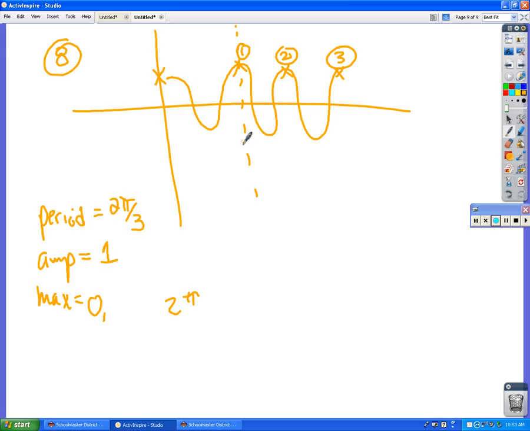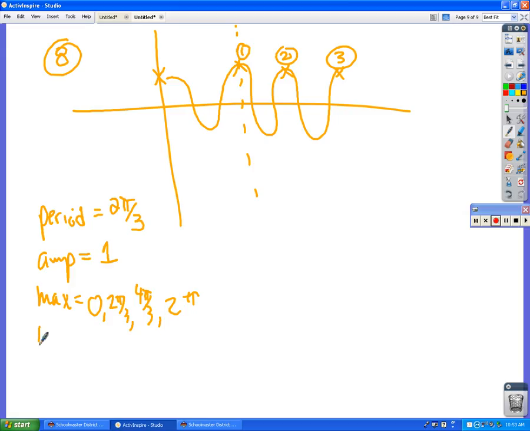So this x value has to be 2 pi over 3. And then it takes another 2 pi over 3 to get to there, so that would be what? Nope, 4 pi over 3, because 2 pi over 3 plus 2 pi over 3 is 4 pi over 3. And if you did the next one by adding another 2 pi over 3 on there, you would get 6 pi over 3, which is 2 pi.